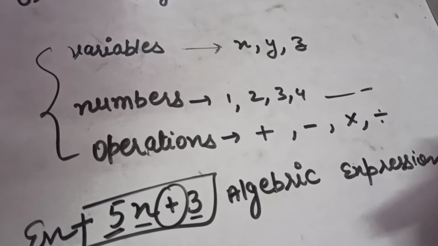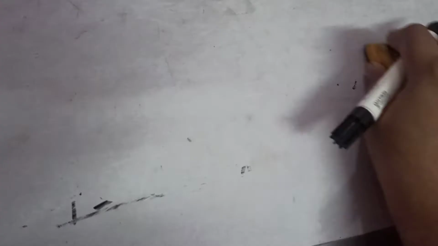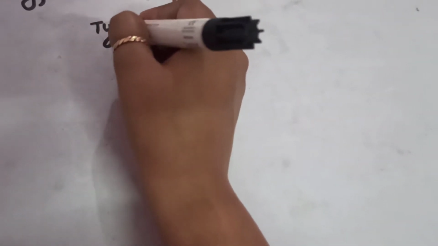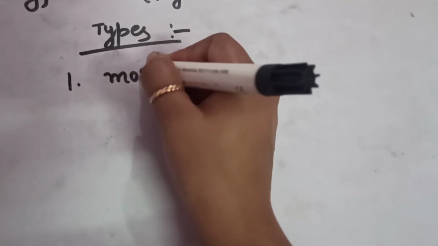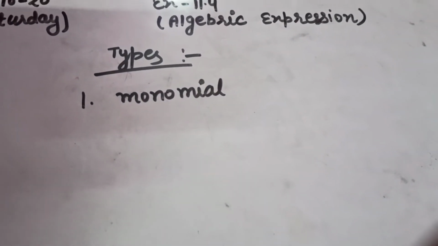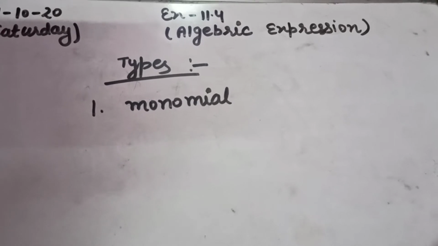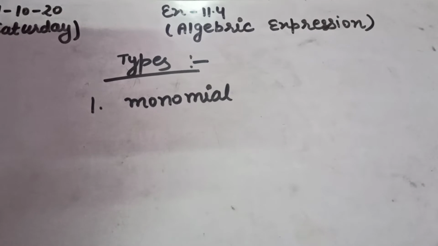Now the next one is about its types. So there are 4 types. First one is monomial. Students, watch this video very carefully, because this polynomial topic goes up to after 12th also.